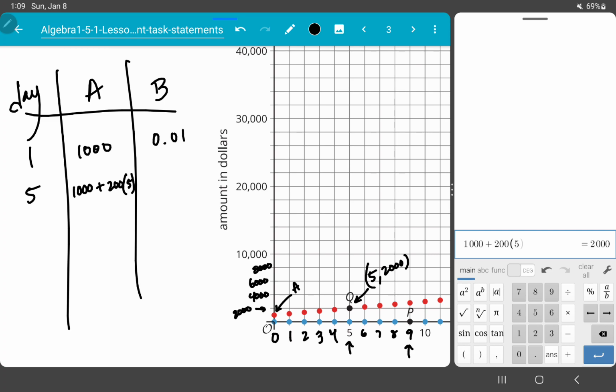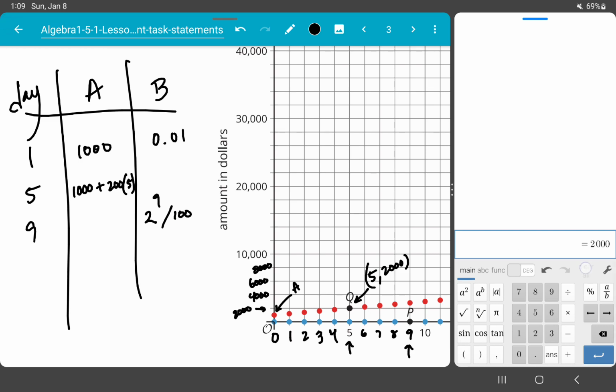Okay. Now let's try for point P. For point P, that's after 9 days, and here we're doing 2 to the 9th, because it's doubling every day for 9 days. And then we also have to divide that by 100 to account for the fact that we're changing pennies into dollars.